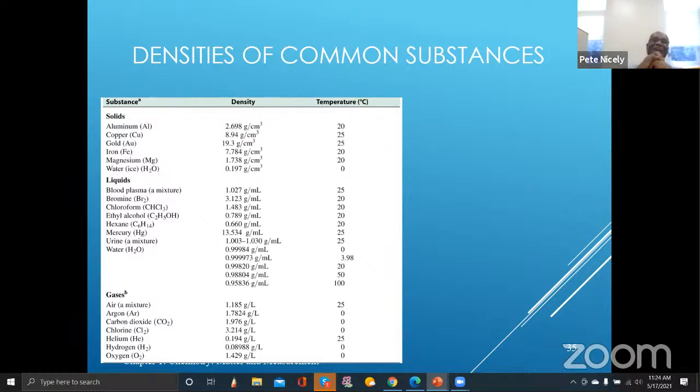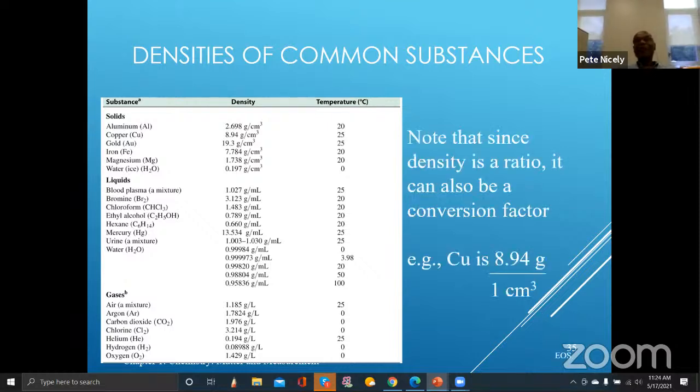Because solids and liquids do not expand as much, for example, when the temperature increases, and therefore their densities don't change as much. And that's the reason why densities can be used as a physical property, which is one of the characteristics of solids and liquids. The same is not true for gases because their densities can change widely when the temperature changes.